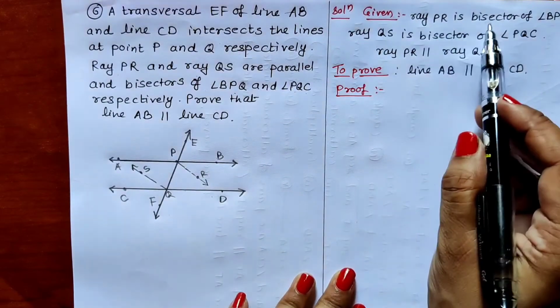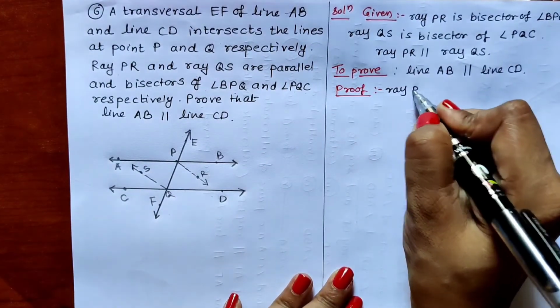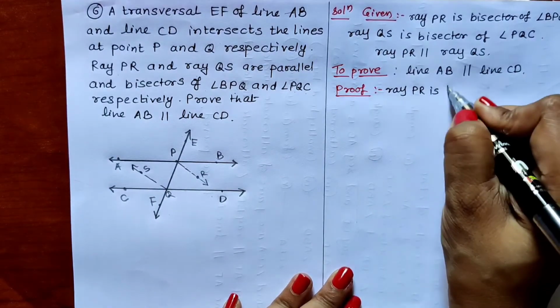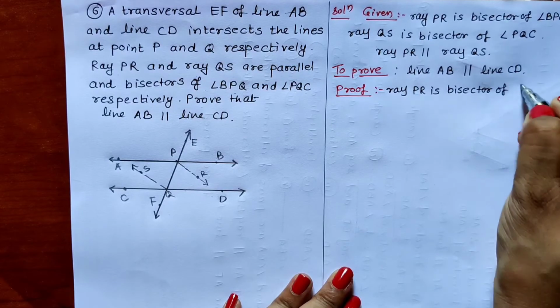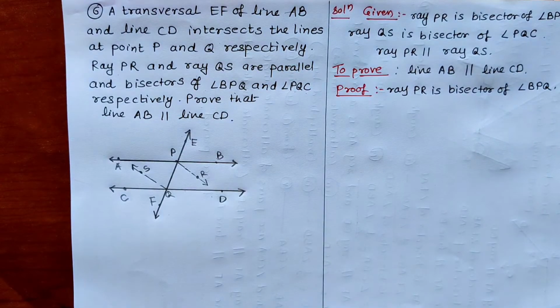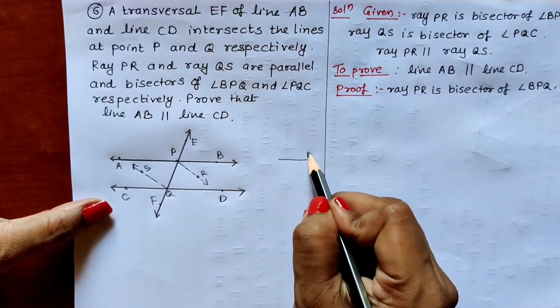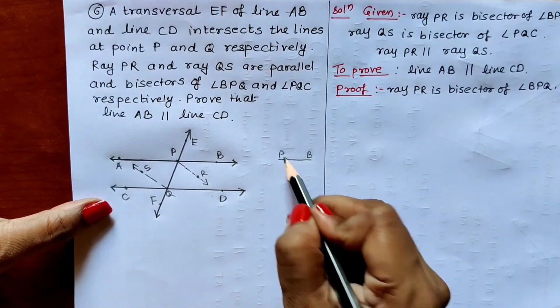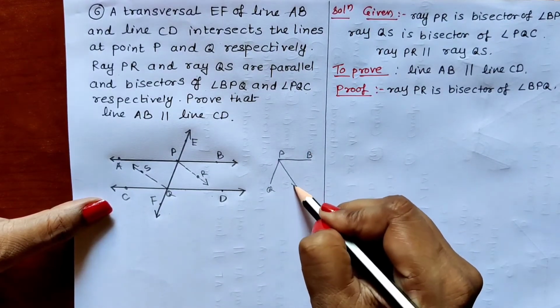Ray PR is bisector of angle BPQ. Let us see this in the diagram. I will be drawing this angle B, P and Q. This is angle Q and ray PR is the bisector here.